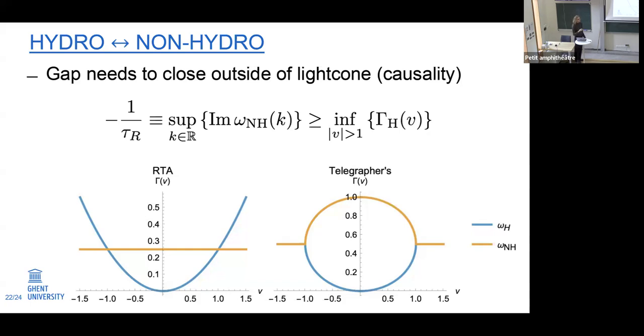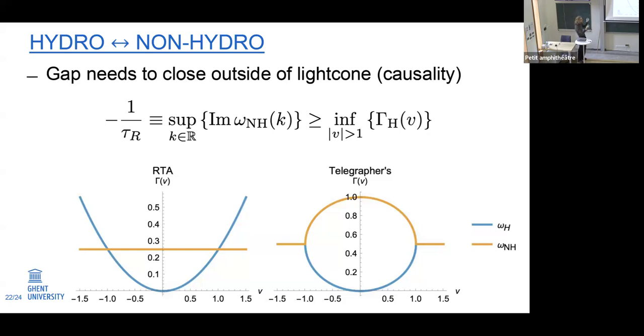So why is this relevant if you're looking at a comparison between hydrodynamics and non-hydrodynamics? Well, if you think about something like causality, we see that, for example, in the diffusive case, which is what I'm showing here, you actually have some spread outside of the light cone. What we see is that we need some sort of additional modes that cancel this contribution outside of the light cone in a certain way.